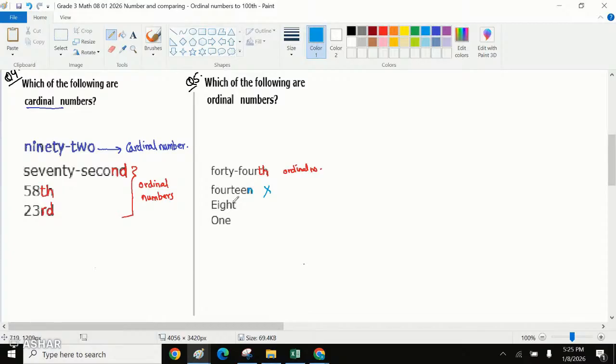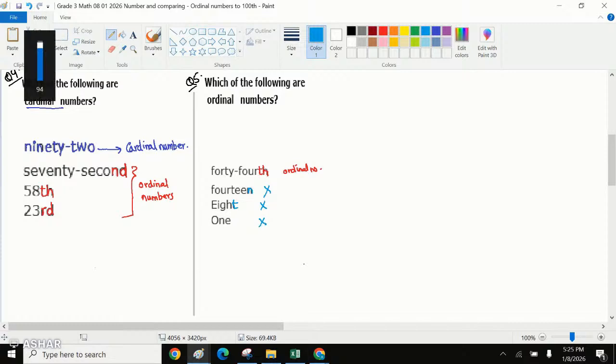Similarly, 8 is not ending with a th, so it is not an ordinal number. This is simply 1, not an ordinal number. So the only ordinal number we have is 44th, because the number is ending with a th.